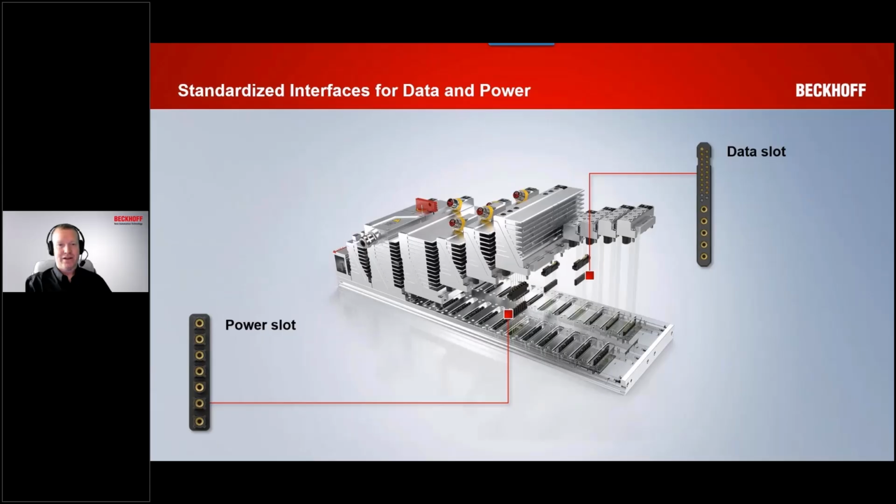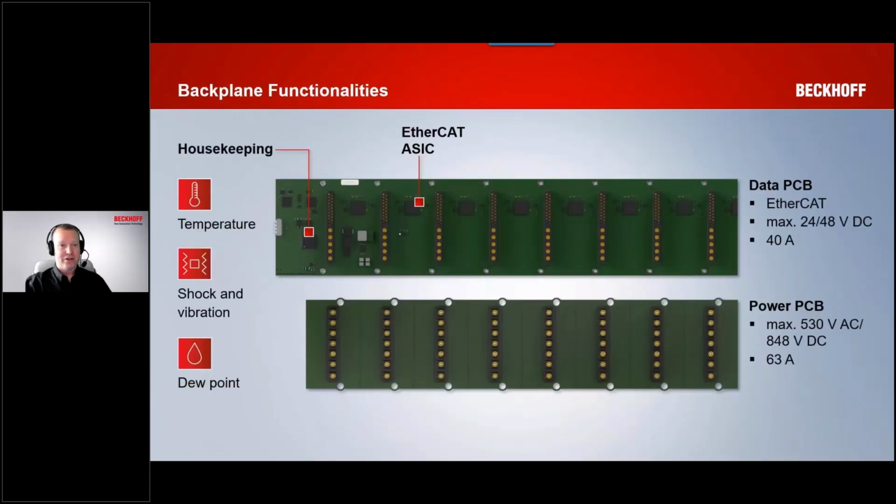And what does that really look like? I think this paints that picture a little better, in that there's a board in the background that's taking care of that power distribution. But what's really important on this one, I'm not going to detail all these pieces of it. You can read that part. What's really important here is the EtherCAT side of things. I said I'd come back to that, and this is where I want to really highlight this. If you notice, there's a chip at every single one of these slots.